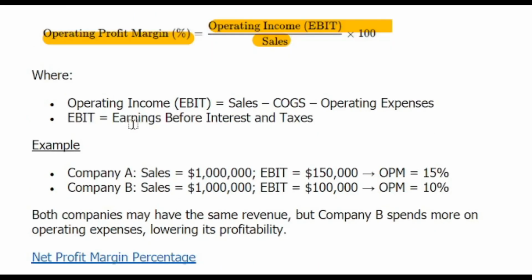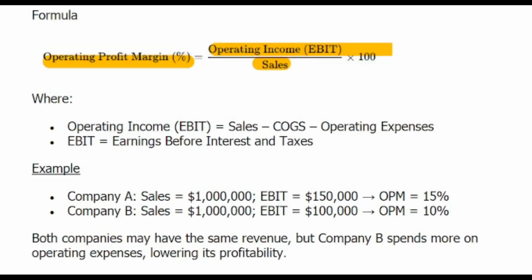So let's look at company A, the same previous example. Let's assume the EBIT for company A is 150,000 and company B is 100,000.